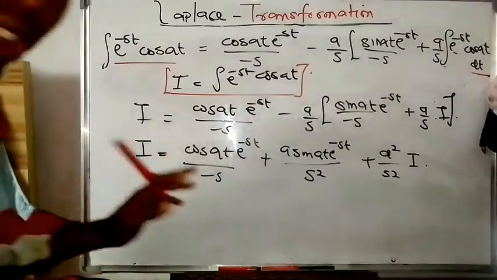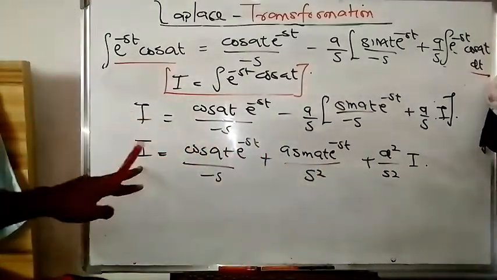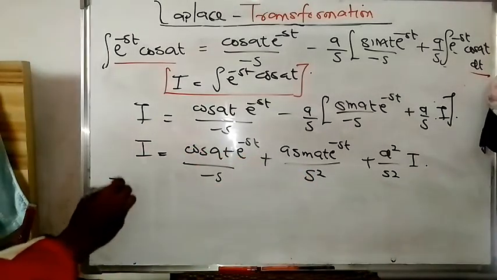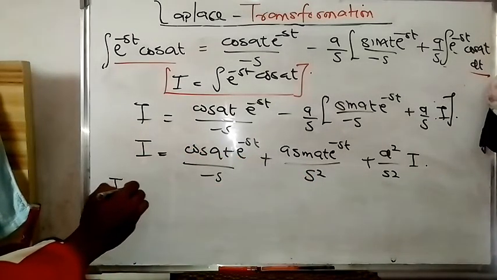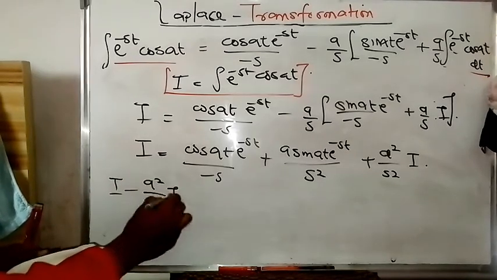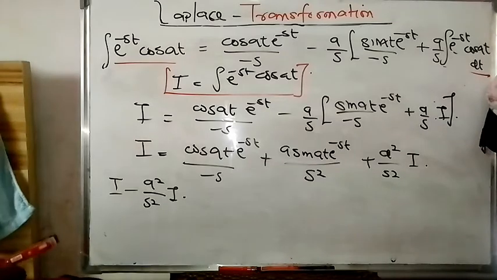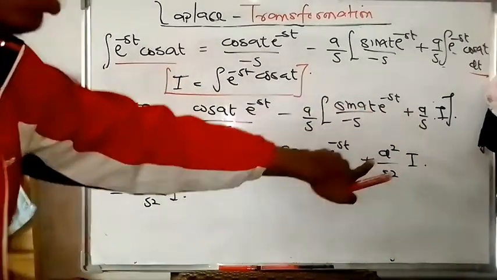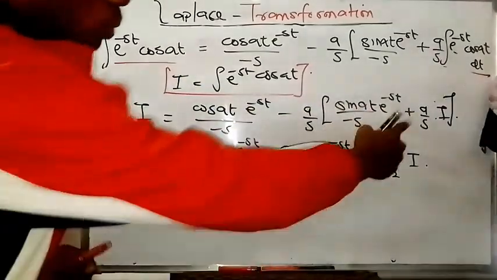So you see, to make I the subject of the formula, I need to take this over to this side. So taking this over to this side, we'll be having I minus a squared divided by s squared I. So first, there's a mistake. Minus a/s times plus a/s is what? Minus, right? So minus times minus is plus.